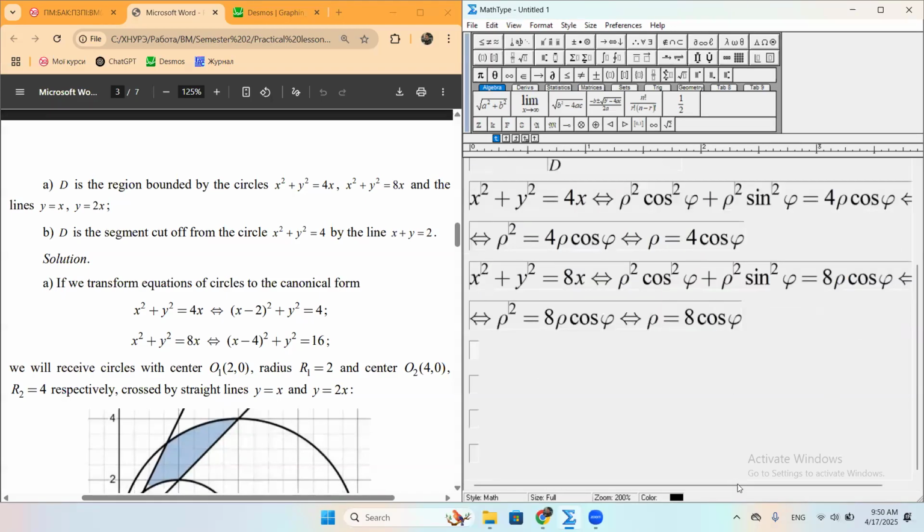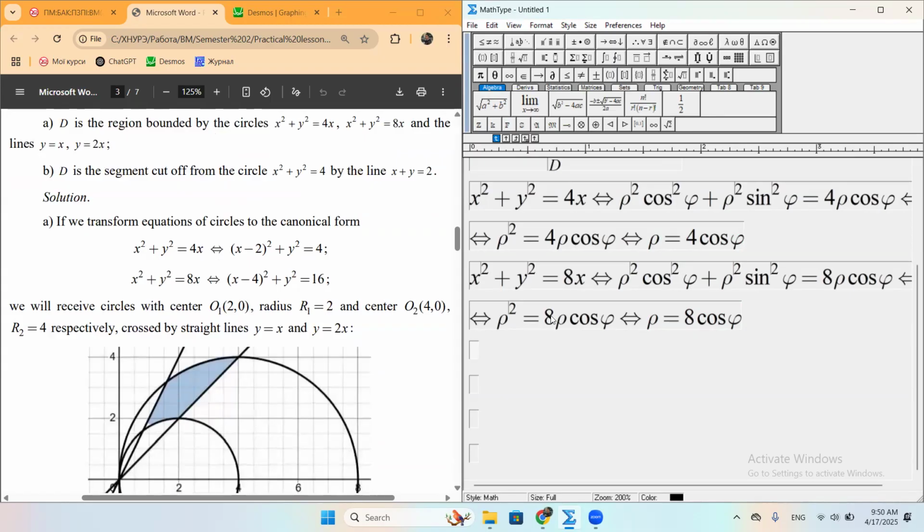So we just received how rho changes. It changes from 4 cosine of phi to 8 cosine of phi. These are the bounds of integration by the variable rho. And now let's define limits for phi.